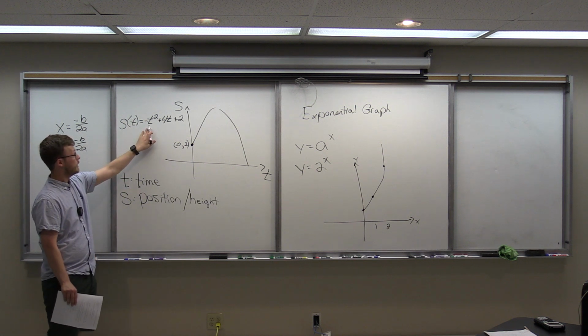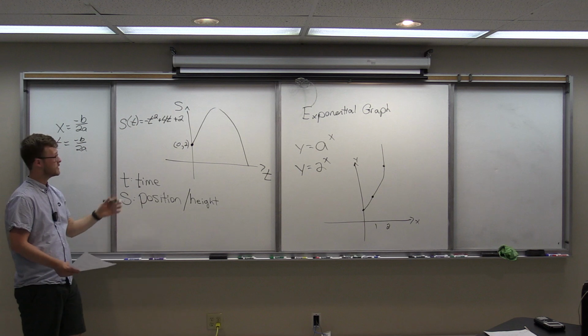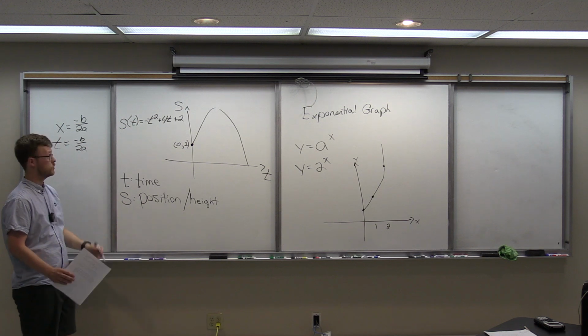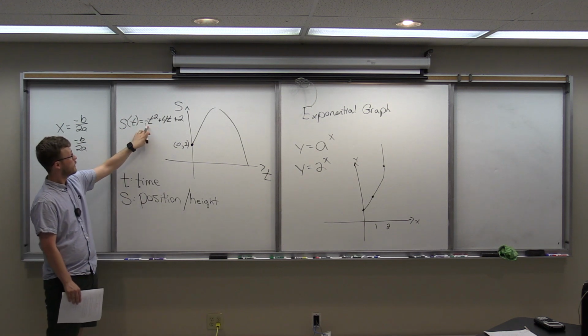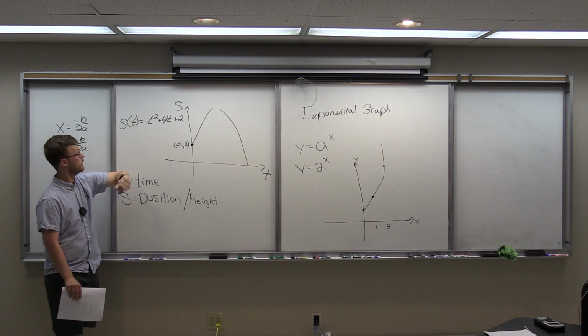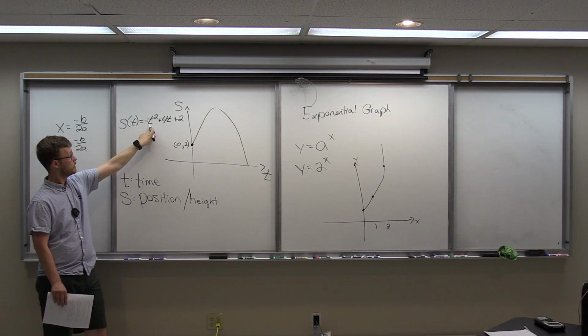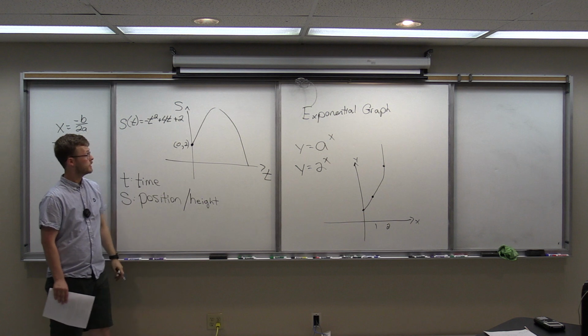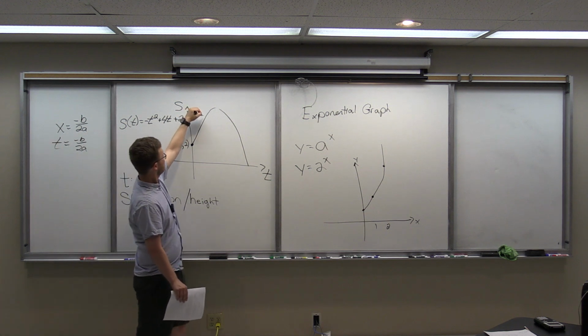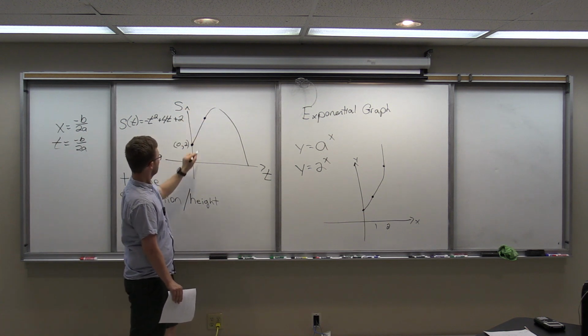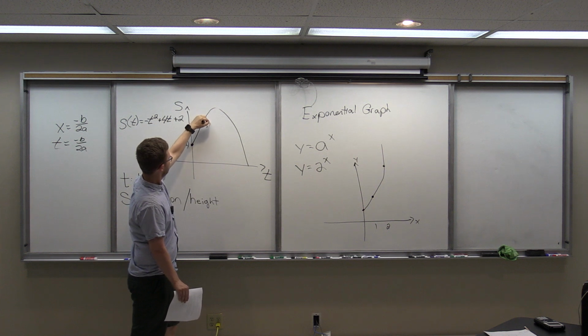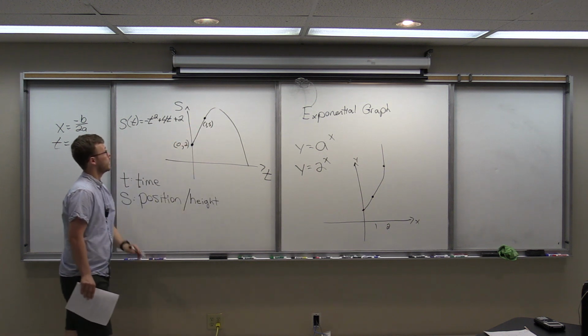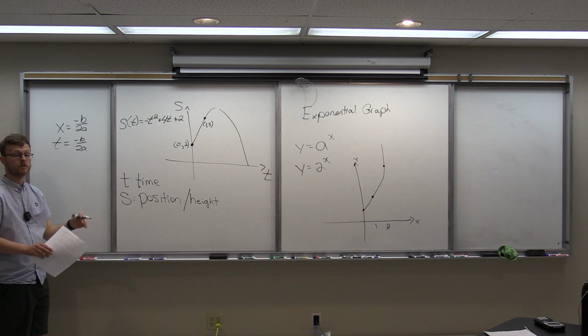If I plug in t is equal to 1, I get negative 1 plus 4 plus 2 gives me 5. So this value right here is going to be (1, 5). When I plug in t is equal to 1, s is equal to 5.